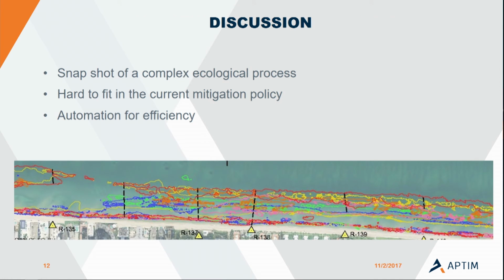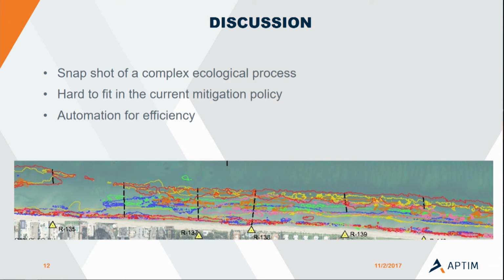So what this does is it gives us a snapshot of a complex ecological process. This is highly ephemeral, and we're looking at it annually. The truth of the matter is, these areas, that's how much have changed in a year. Realistically, the ephemeral nature of this hard bottom could be monthly, it could be daily. You don't really know unless you're out there constantly observing it.